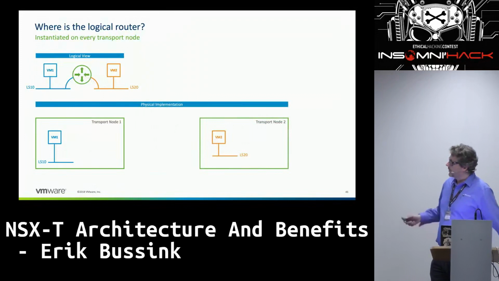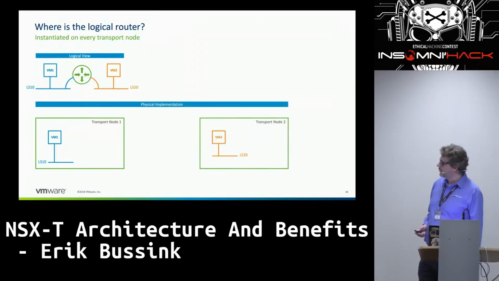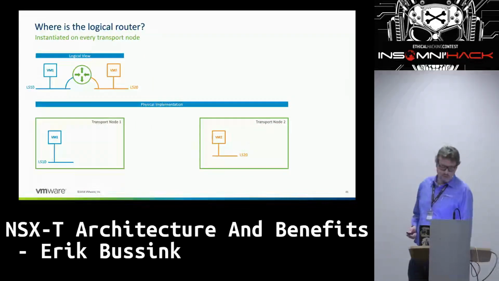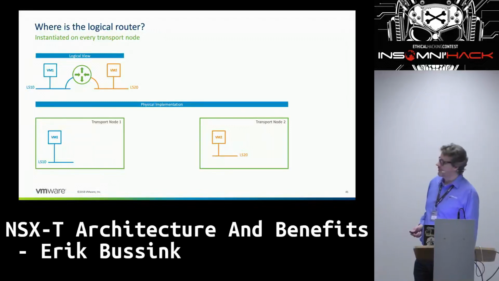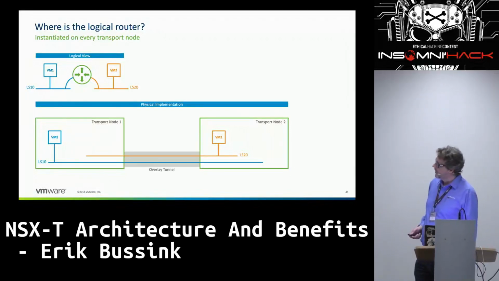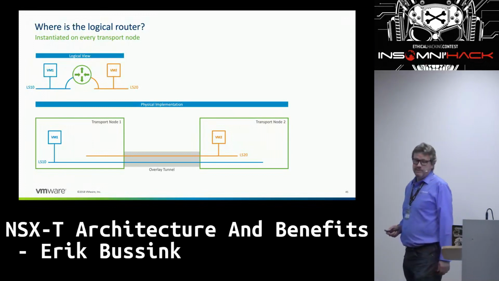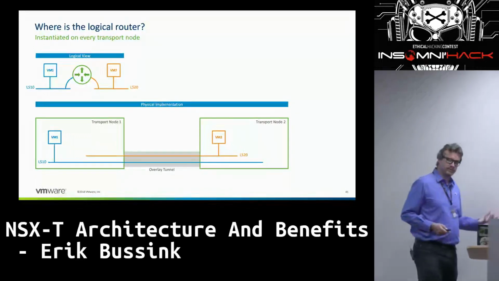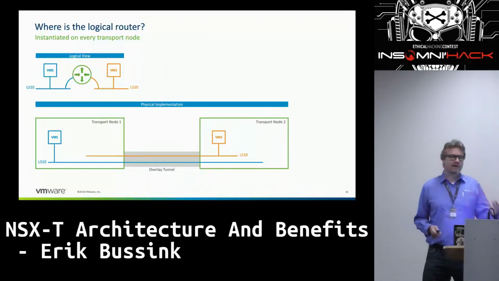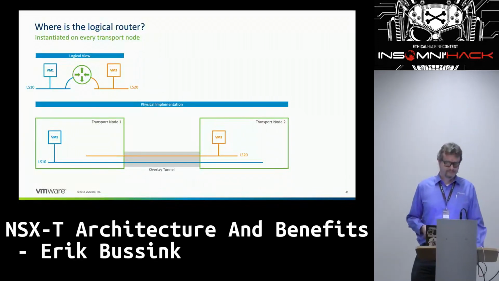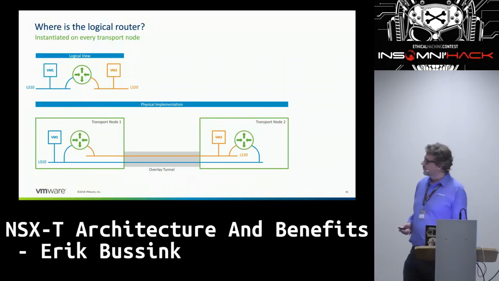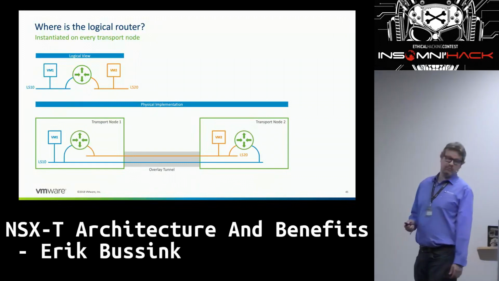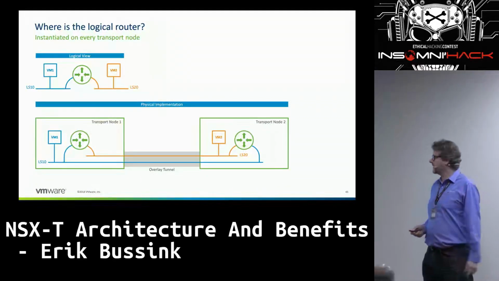If we have logical switch 10 and logical switch 20 on different hosts, we'll have the same router virtual in the kernel. Routing will always be done at the closest point from the source, so the source point. So it's always going to be routing done inside the local host. So traffic flow will be asymmetrical. It's important to understand this.